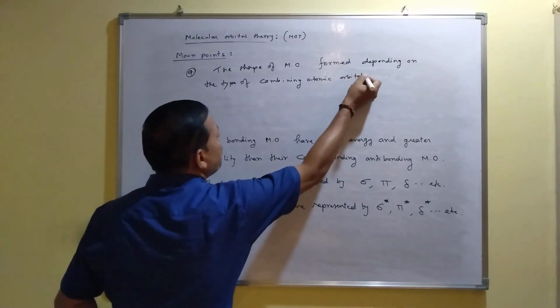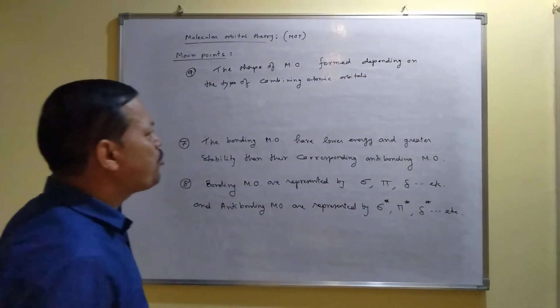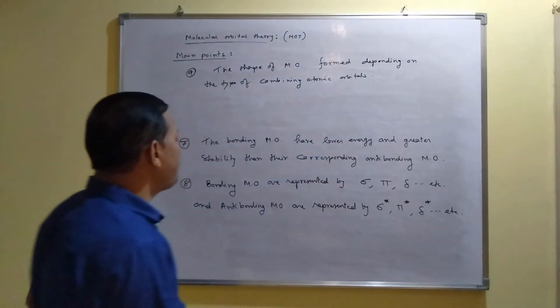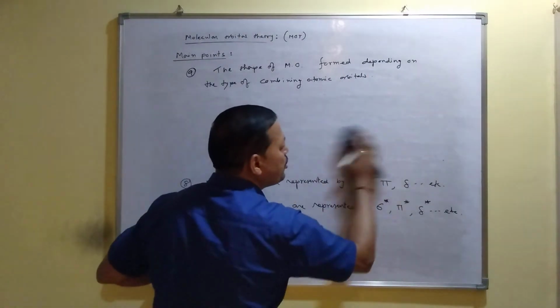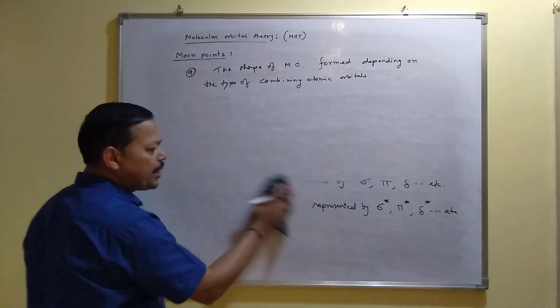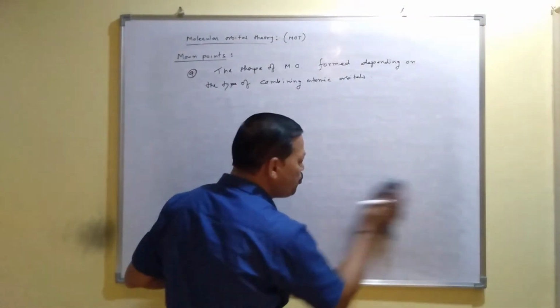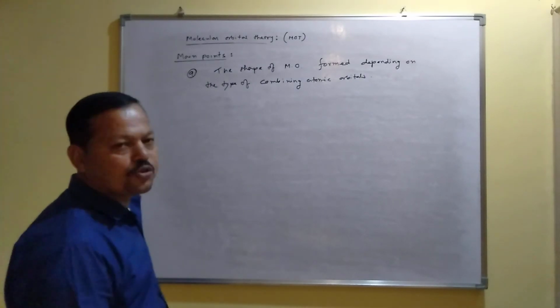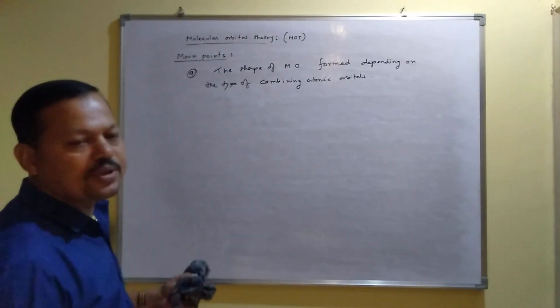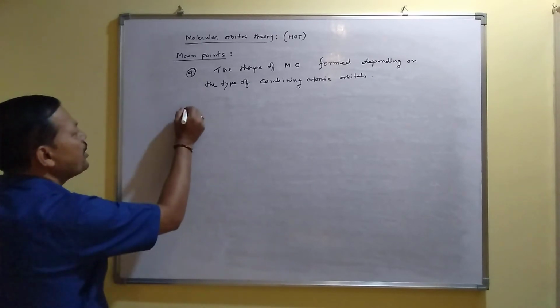Already I have told you about this. So what type of shape of molecular orbital you will get depends on the combining atomic orbitals. When 1s combine with 1s, you will get one shape of molecular orbital. When 2p combine with another 2p, you may get another shape. So depending on the nature of the atomic orbital, you will get the shape of molecular orbitals.